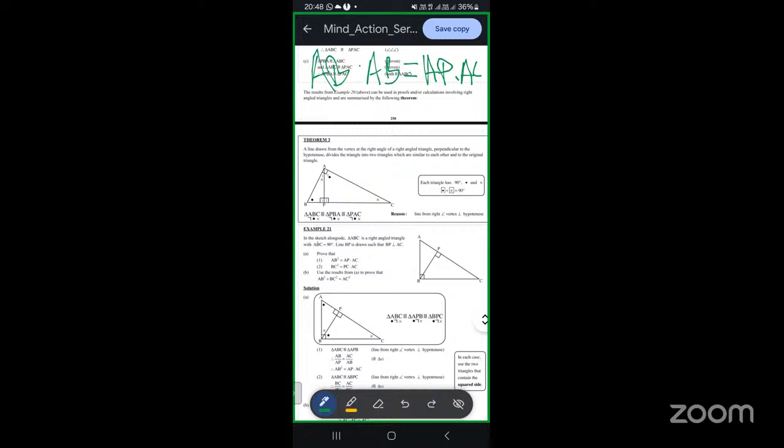We divide by this on the right-hand side. We divide by this on the left-hand side. Therefore, that is going to give us AB all over AP is equal to AC all over AB.